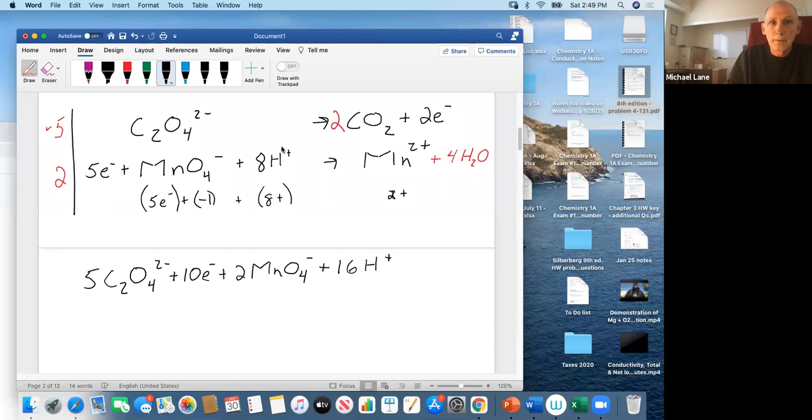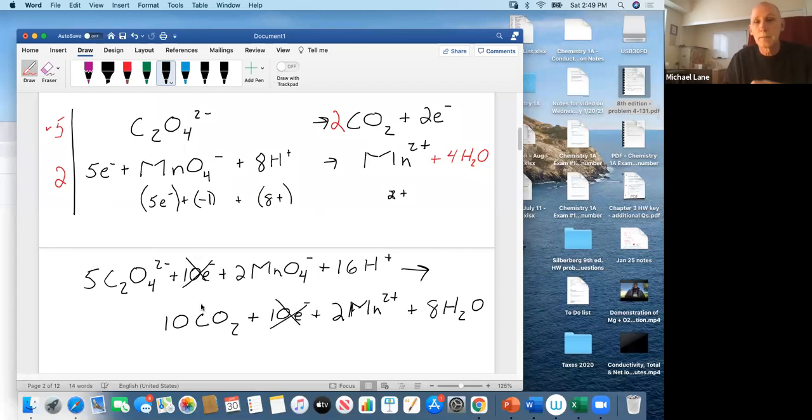That's everything on the left side reacts to form 5 times 2, 10 CO2 plus 10 electrons plus 2 manganese 2 plus 8 waters. So there's the balanced equation. I'm going to cross off the 10 electrons because they occur on both sides.